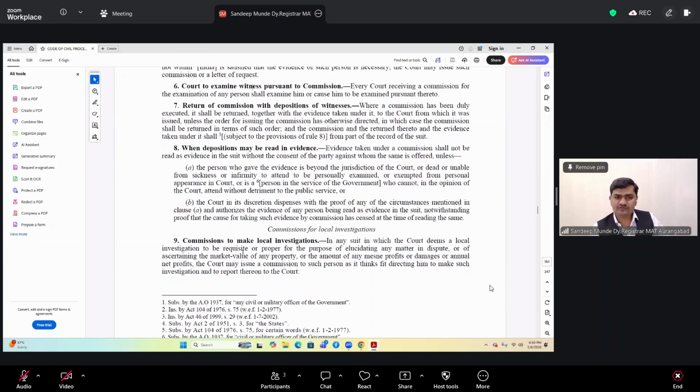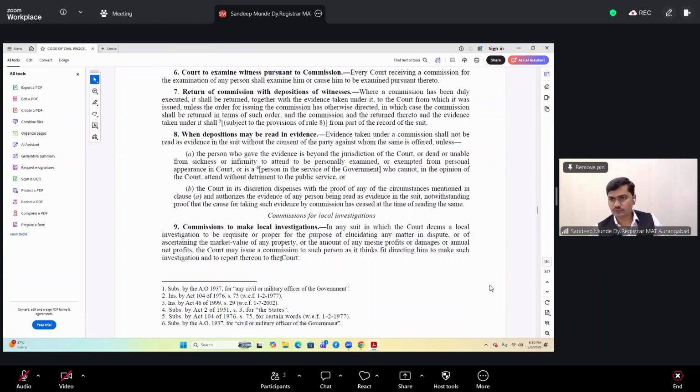If the court deems a local investigation to be requisite or proper for the purpose of elucidating any matter in dispute, or of ascertaining the market value of property or the amount of any mesne profits or damages or annual net profits, the court may issue a commission to such a person as it thinks fit, directing him to make such an investigation and to report.